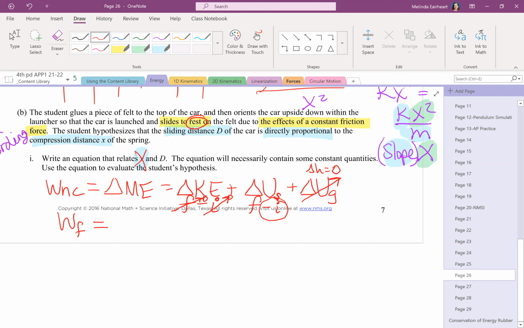Is there any stored elastic potential energy? No, the spring is not compressed or stretched. And so the final version of that would equal 0. Moral of the story, the work done by friction is going to equal a negative elastic potential energy in the beginning.